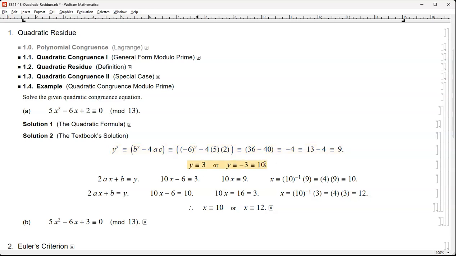And negative 3 is congruent to 10 mod 13. So this complete square is the square root of b squared minus 4ac, but put this y value directly to get a linear congruence and solve it. We get 10, and from the second we get 12. Of course, the same answer as before.